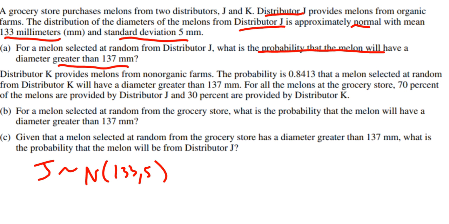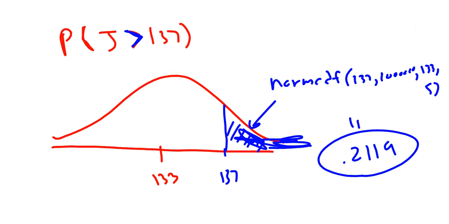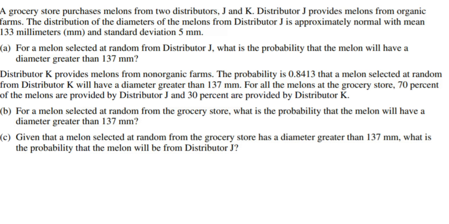Okay. Then we have part 2 of the question in a sense. I marked this diagram up a little bit, so let's go to a new page here and paste this in. There's this other distributor K, and the probability of their melons being bigger than 137, oop, I crossed out something underneath it.